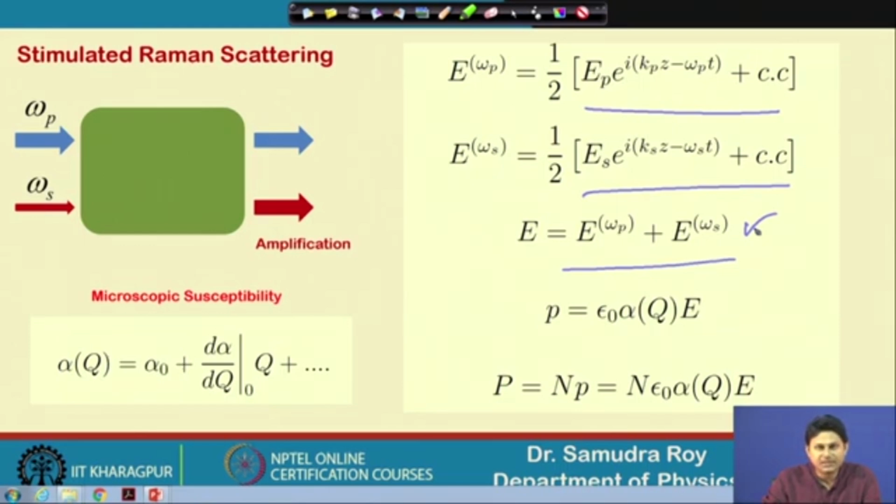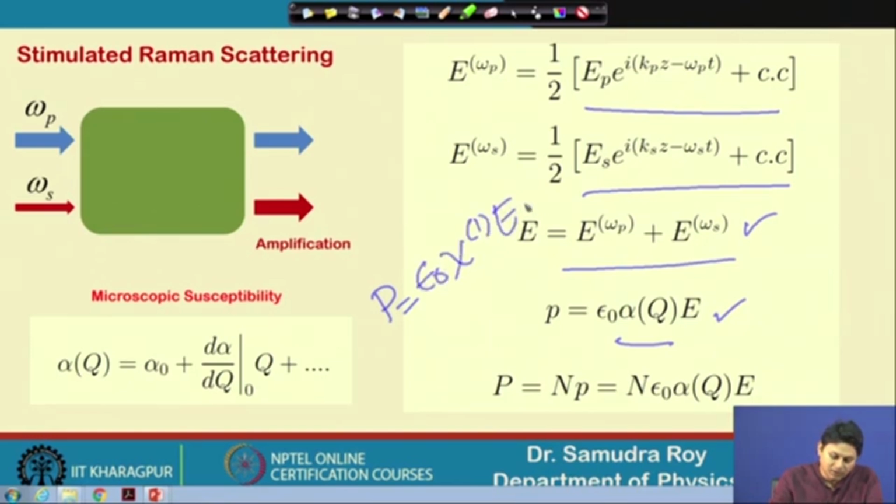The microscopic polarization should be epsilon 0 times the microscopic susceptibility multiplied by the total electric field. The form is exactly the same as the way we represent a polarization, P is epsilon 0 chi 1 E. Instead of chi, I am using a new term alpha, which is the microscopic susceptibility, because we are dealing with one molecule.